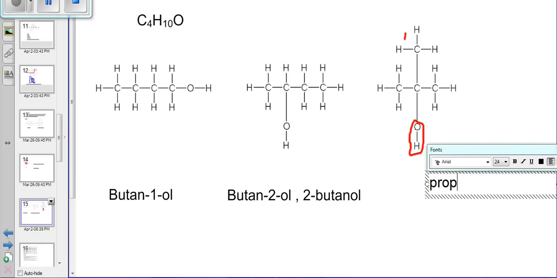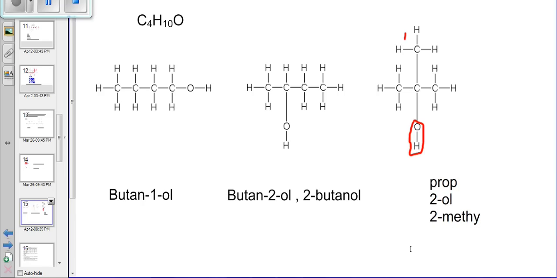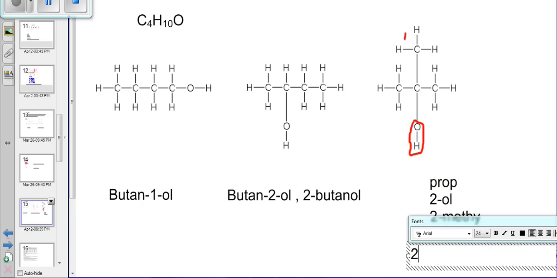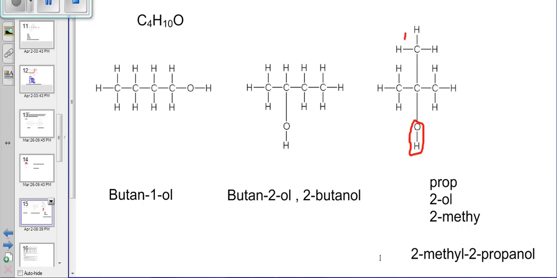We've got prop, and then we've got 2-ol, and we've also got 2-methyl. So if we put this all together, we can say we've got 2-methyl-2-propanol. We could name it like that. So 2-ol and 2-methyl, 2-methyl-2-propanol.